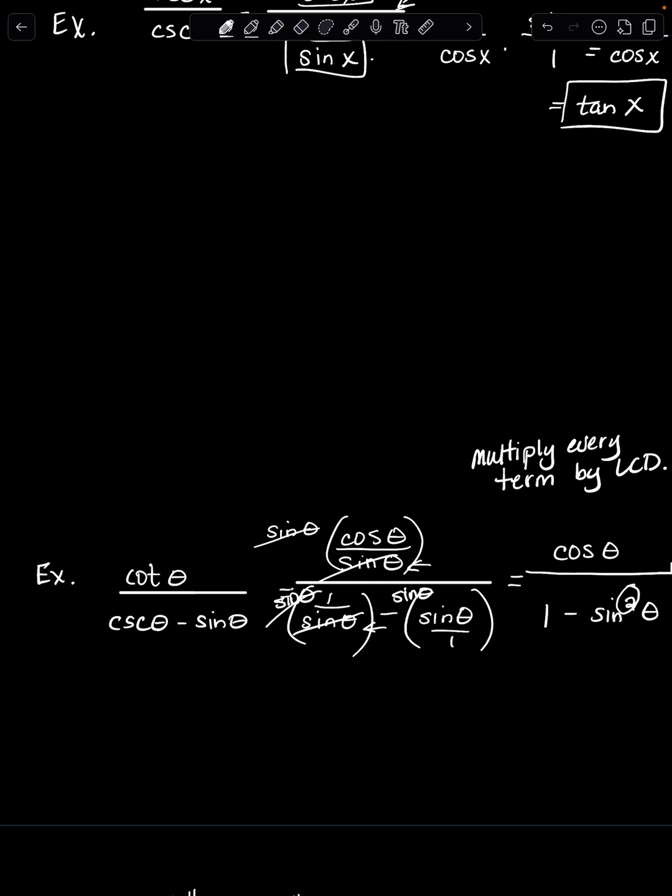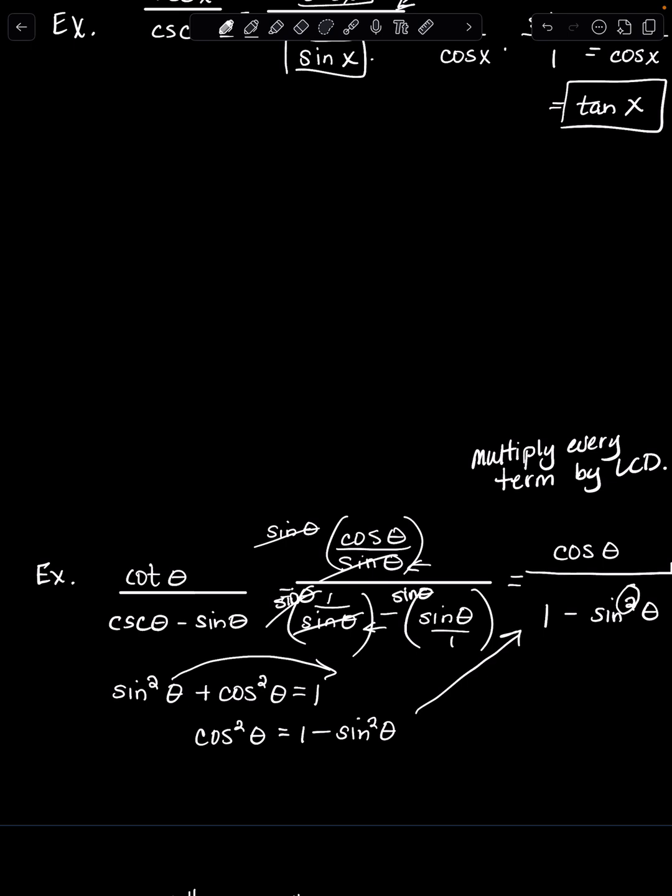Remember that the Pythagorean identity is sine squared of theta plus cosine squared of theta equals 1. Which means if I subtracted sine squared of theta, took it over to the other side, I would get cosine squared of theta equals 1 minus sine squared of theta. Well, that's exactly what that is.